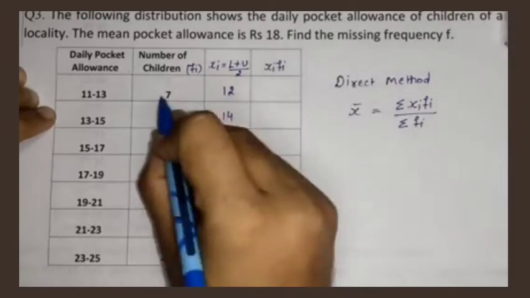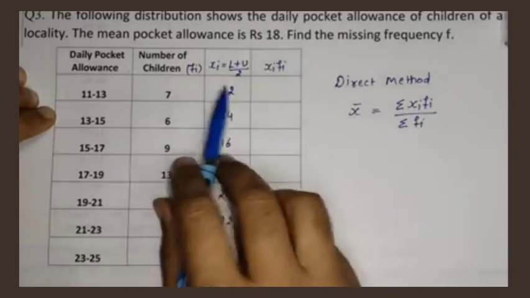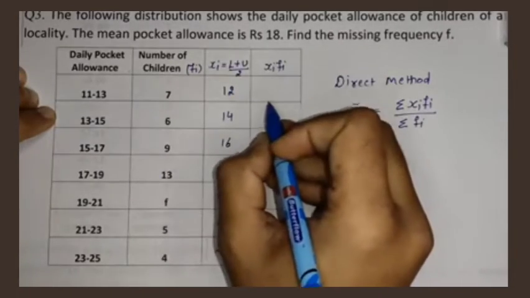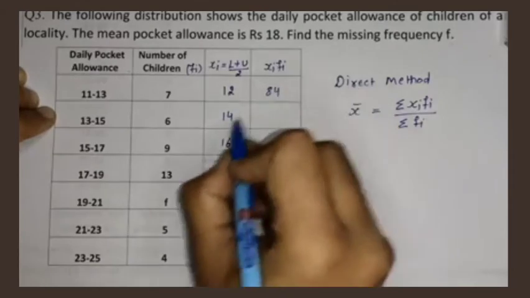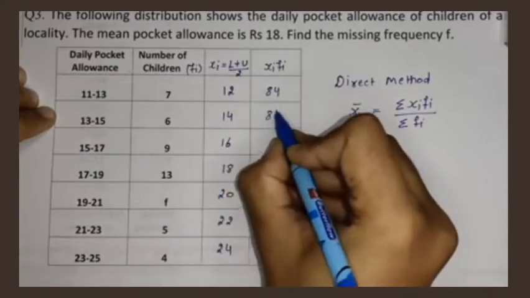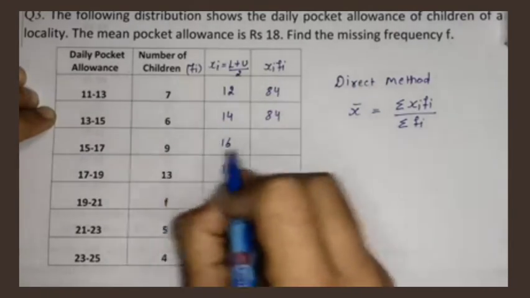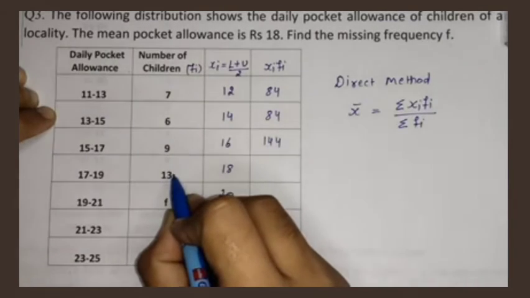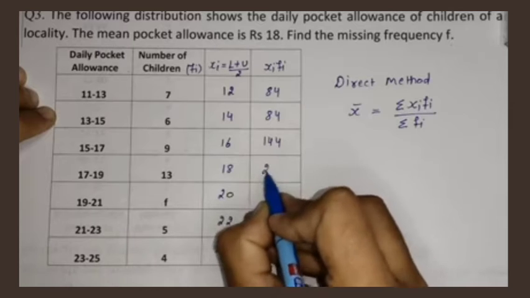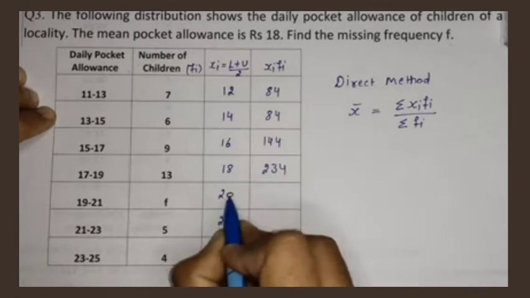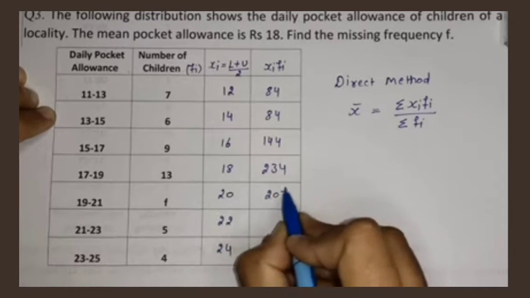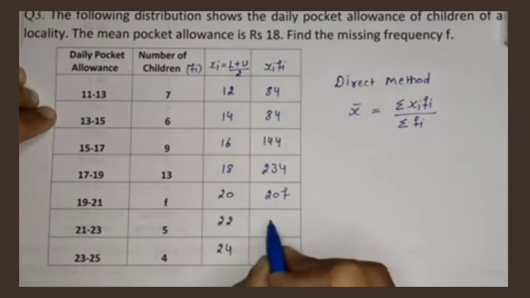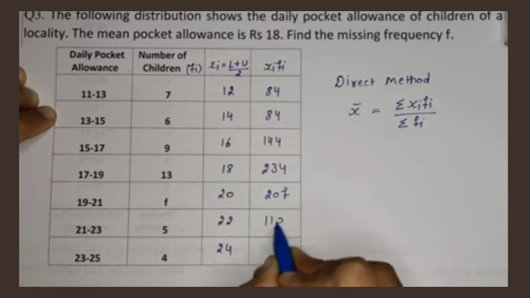Therefore xi fi is, for the first class, 12 into 7, that is 84. 14 into 6, again 84. 16 into 9, 144. 18 into 13, we will get 234. 20 into f, 20f. And 5 into 22, 110.